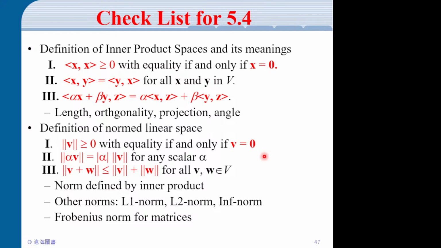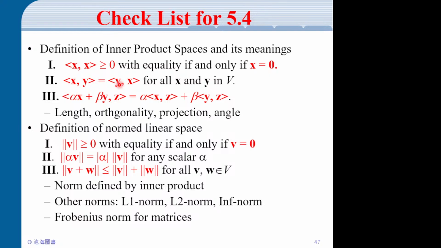And yeah, so that's a checklist of everything. So the definition of inner product needs to satisfy those three things. Inner product is greater than or equal to 0, and equal to 0 if and only if x equals 0.